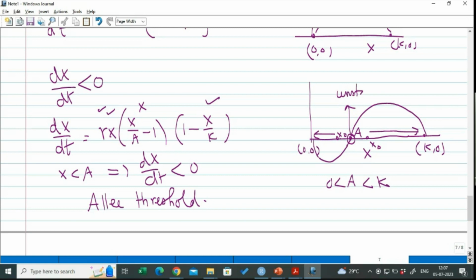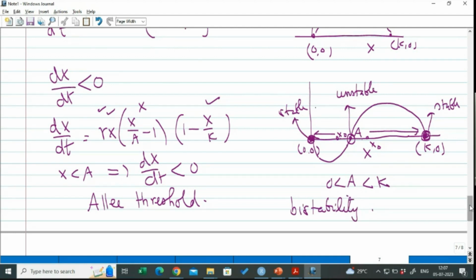So that means A is an unstable point, and it is basically separating this stable point and this other stable point, right? So A is an unstable equilibrium separating two stable equilibria. This is a typical case of what we know as bistability.